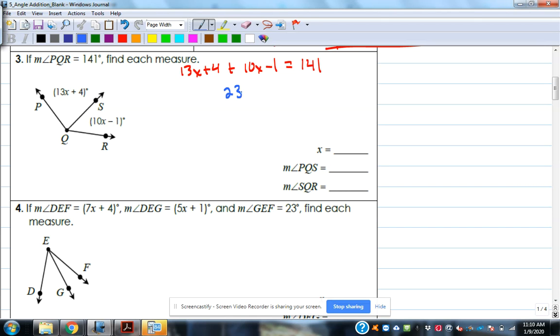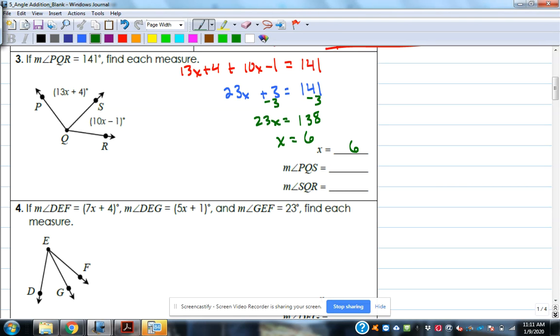So 23x plus 3 is 141. Subtract 3. 138. Let's see. 6. So x is equal to 6.